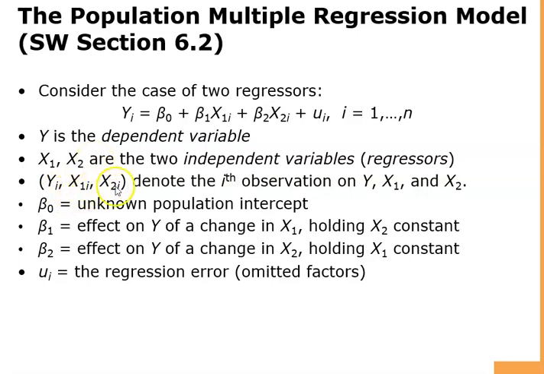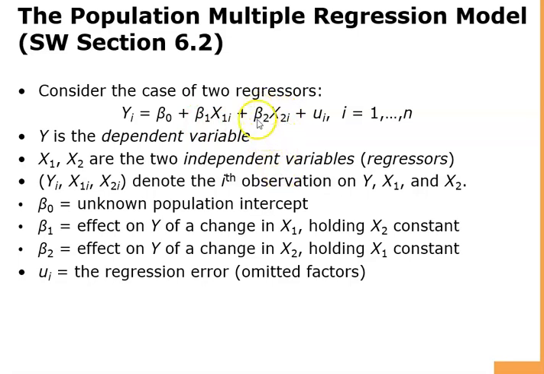Yi, x1i and x2i denote the ith observation on y, x1 and x2. Beta naught is the unknown population intercept. Beta 1 is the effect on y of a change in x1 holding x2 constant. So that is the new part over here. Whenever we are looking at beta 1, it would mean that we are holding x2 constant.